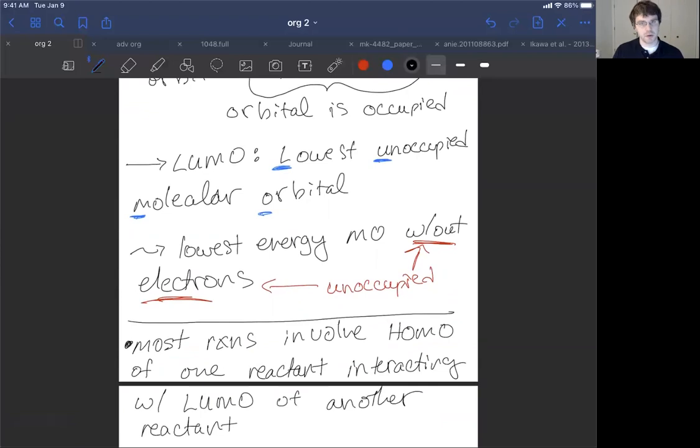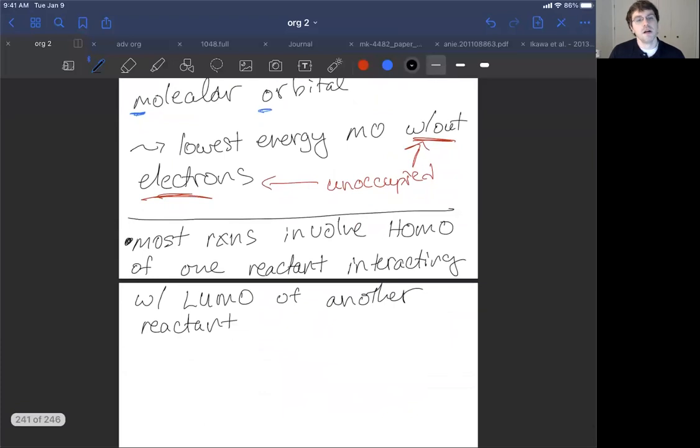Okay, that's pretty cool. When a reaction occurs, it's all about the HOMO orbitals and the LUMO orbitals finding each other. Another way of looking at this is when a nucleophile, a negative charge, interacts with an electrophile, a positive charge.